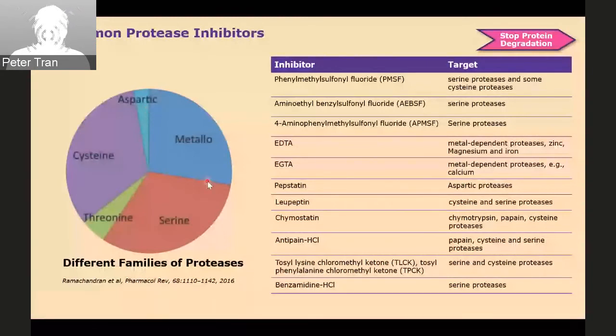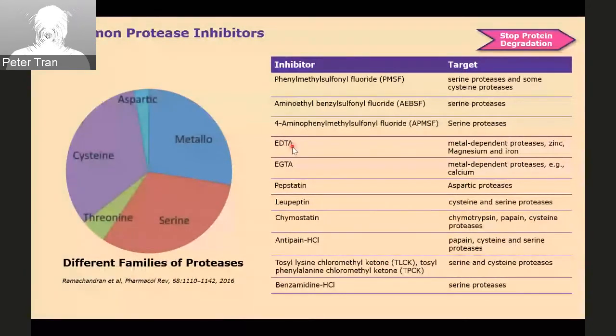So we need inhibitors that can inhibit all of these. The most common one is PMSF, right? It can inhibit serine and some cysteine proteases. Some inhibitors inhibit specific proteases, which is why you need a combination of them.